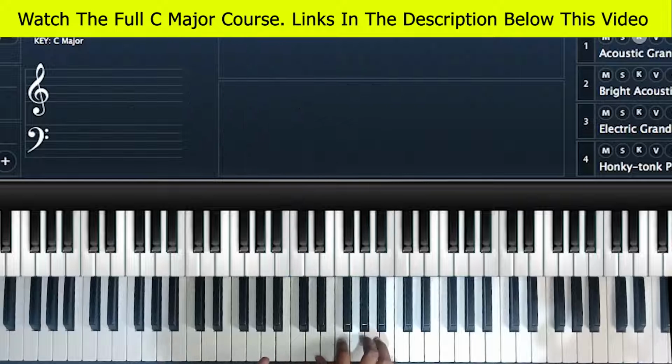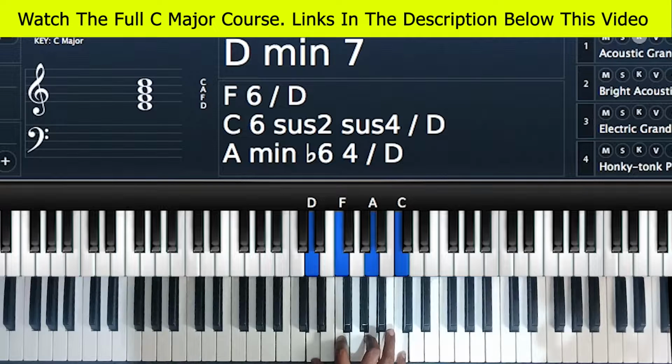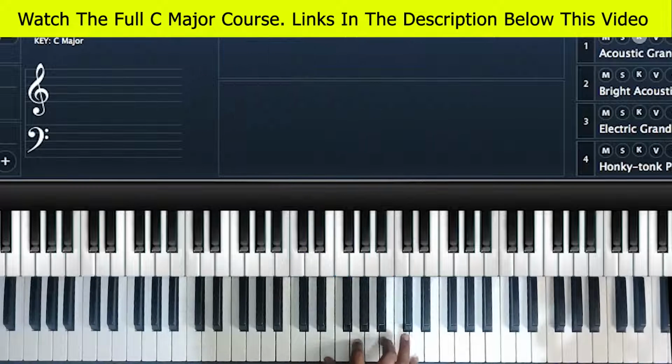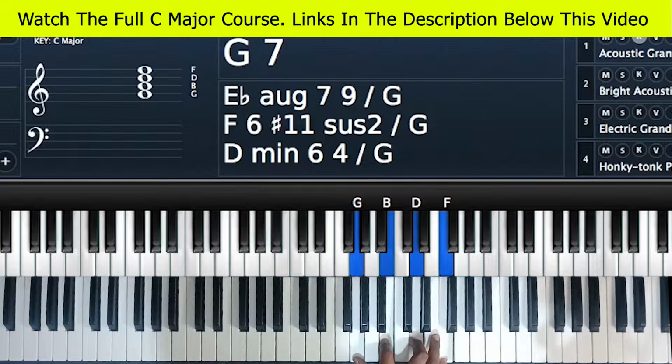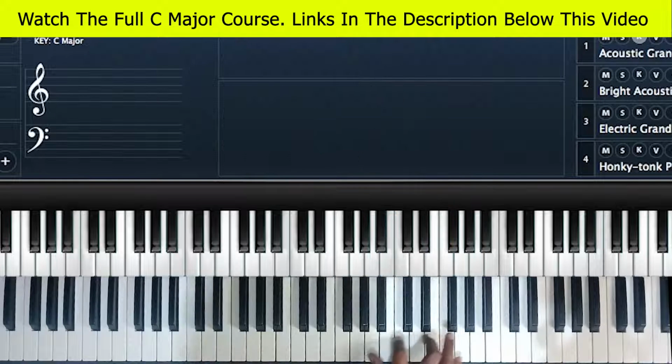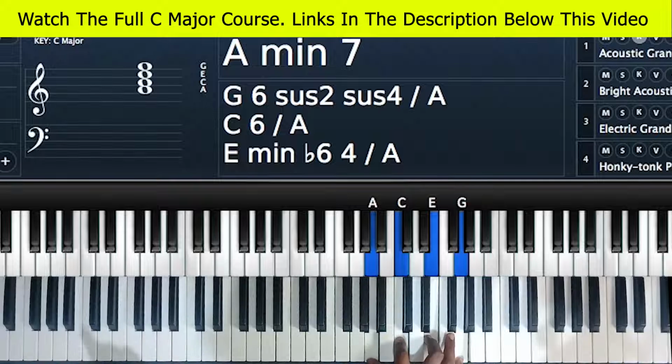Then chord number 2 would be a minor 7th chord. In this case that would be D minor 7th. Chord number 3 would be E minor 7th. Chord number 4, F major 7th. Chord number 5, G dominant 7th. Chord number 6, A minor 7th.